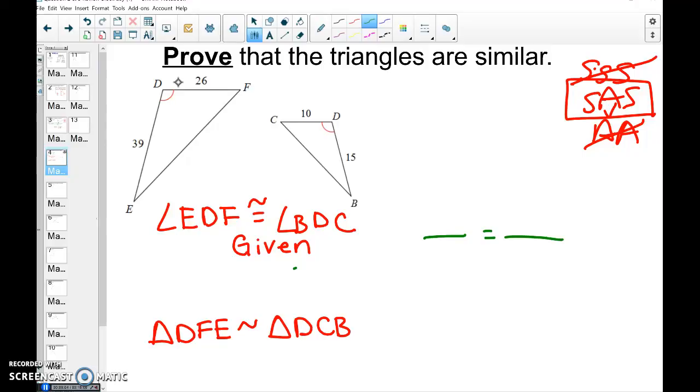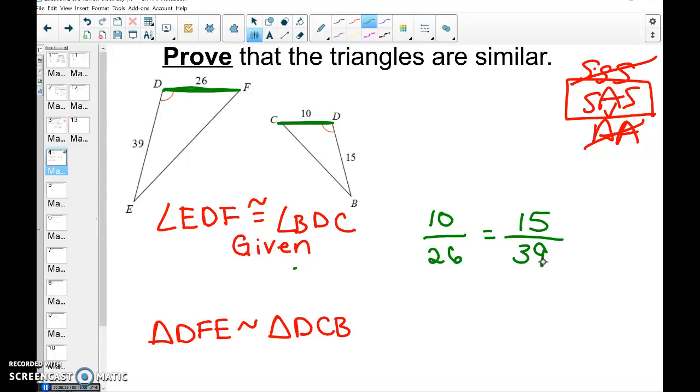And that's that the smaller side, so the smaller side in this one is 26, needs to match up with the smaller side in this one, which is 10. So 10 is going to go over 26 because they're the smaller numbers. 15 is going to go over 39 because those are the bigger sides, therefore they have to go together.